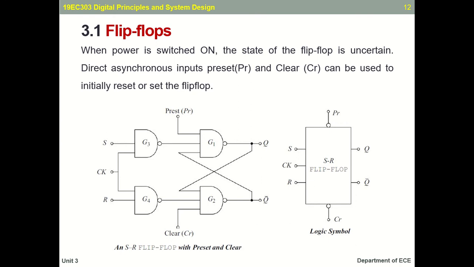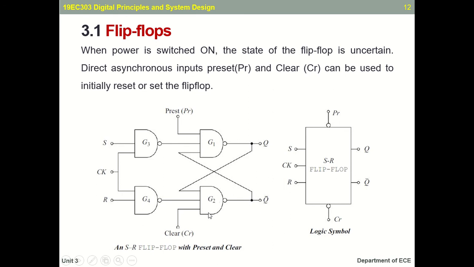In total, you have four NAND gates, G1, G2, G3 and G4. This coupling is called cross coupling. From the output to the input, a signal has been fed in. We have said that a sequential circuit has feedback from the output to the input, so here a feedback has been given from the output.